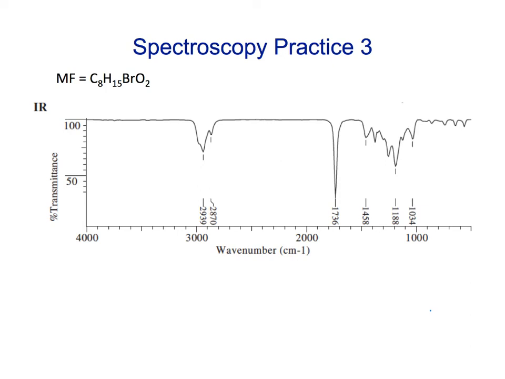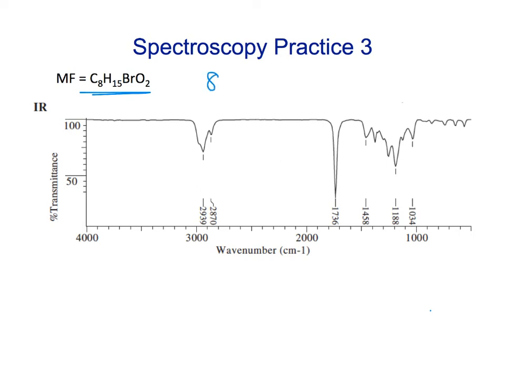All right, so here's the molecular formula. Let's first figure out how many sites of unsaturation there are in this molecule. Just one? Okay, so remember how we do that?